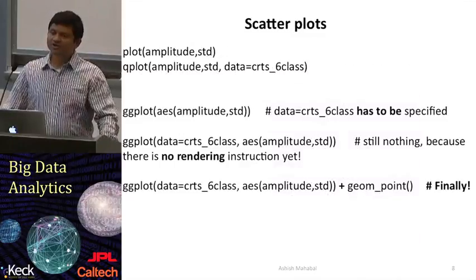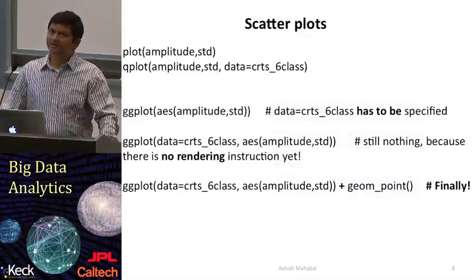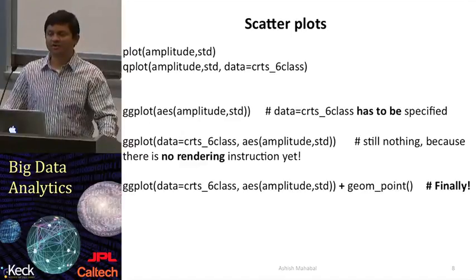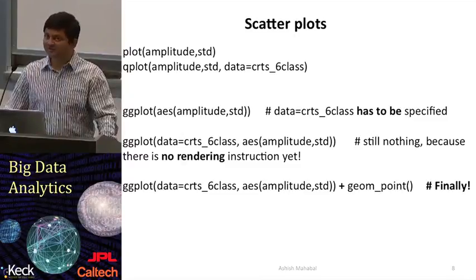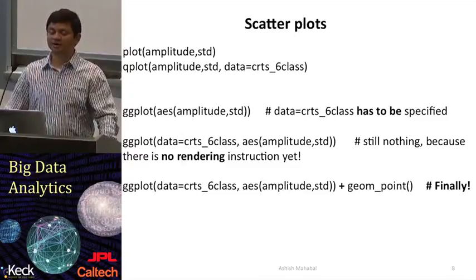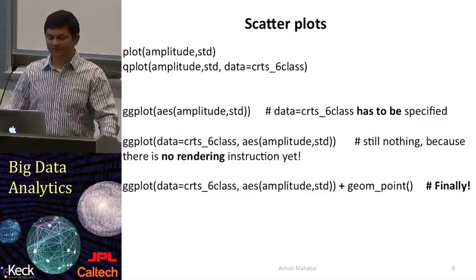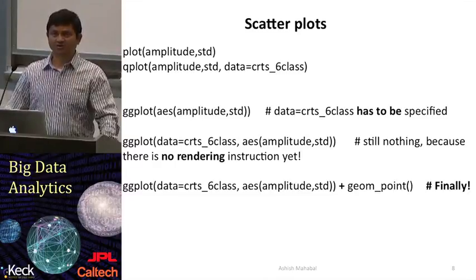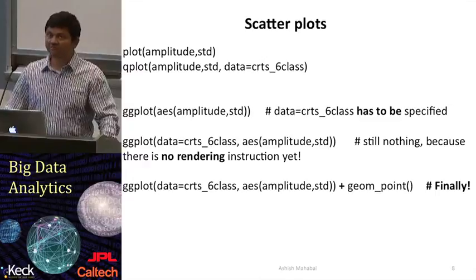Now when it comes to ggplot, there you have to understand that you have to provide the columns as aesthetics. And that is what is seen in the first example here. We provide to ggplot a single argument, the aesthetics, and within aes, which itself is a function, we provide the column names, amplitude and std. But here, the data equal to CRTS_6class, or whatever the data frame name is, you have to provide it.